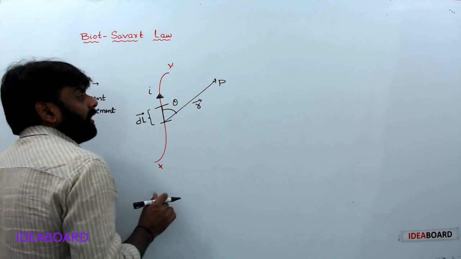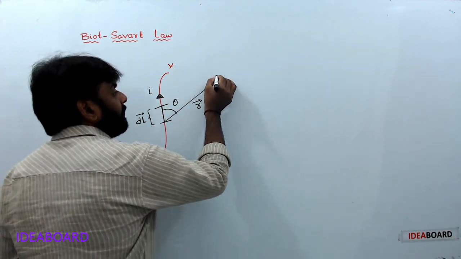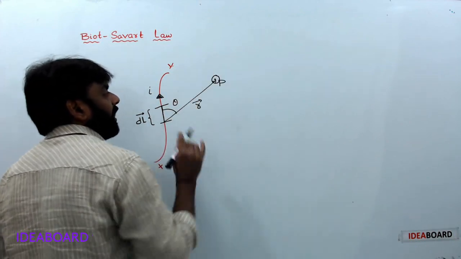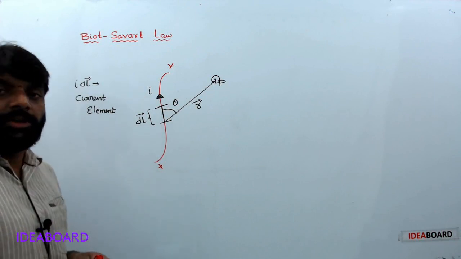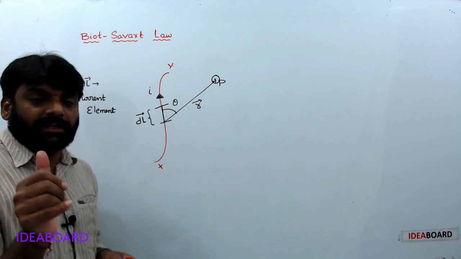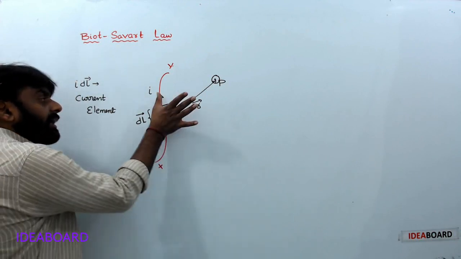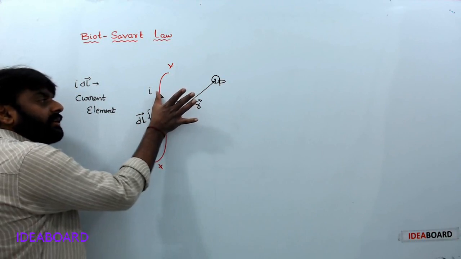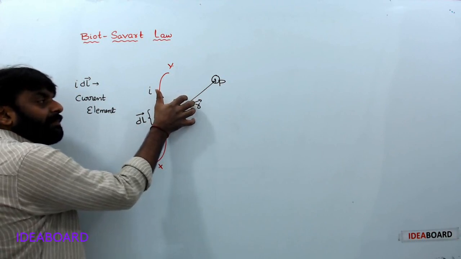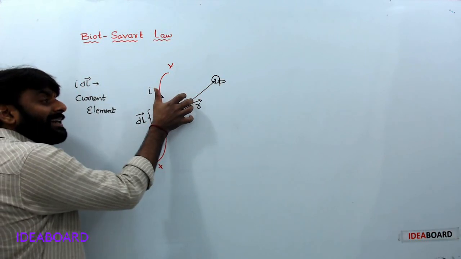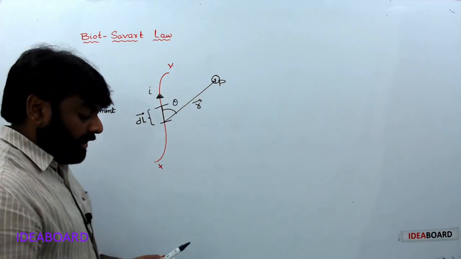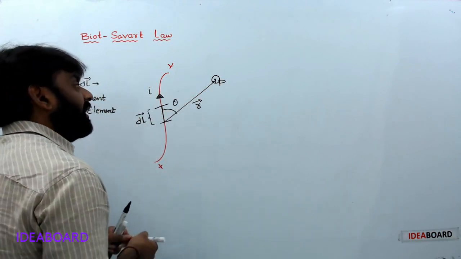Now, how to find the field direction? You know already, the right hand thumb rule. Thumb in the current direction, and the curling fingers represent the field direction.